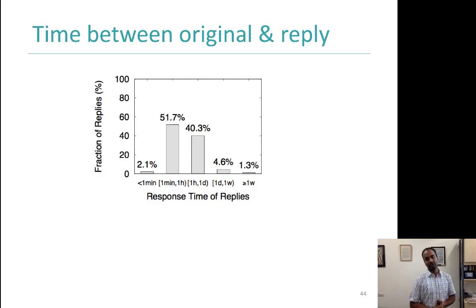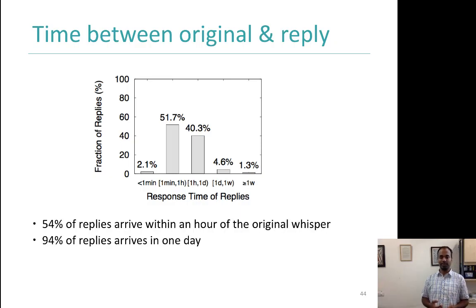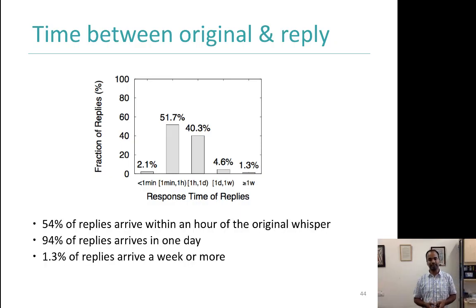Time between original and reply is also an interesting thing. How quickly are the responses to a whisper that is posted? How quickly do people actually look at the post and reply? In this case, we're only looking at the time. We're not looking at the content.